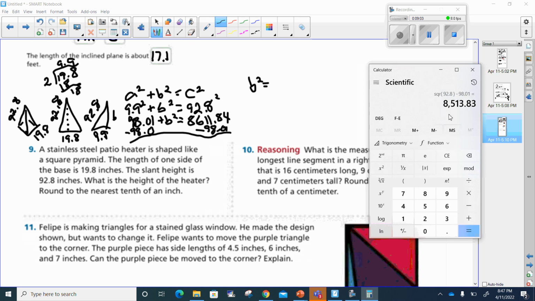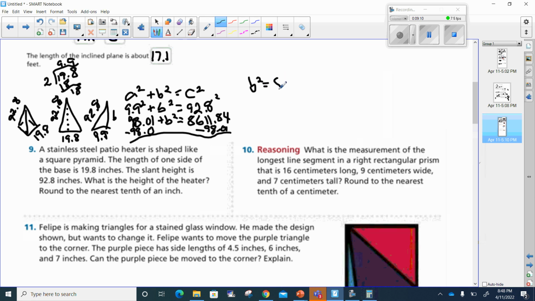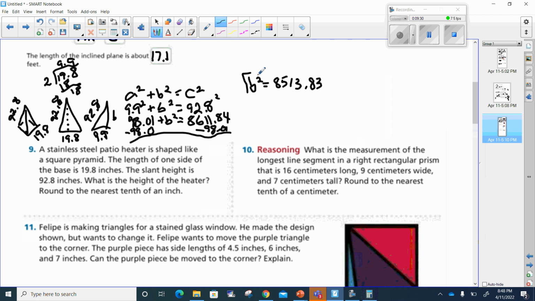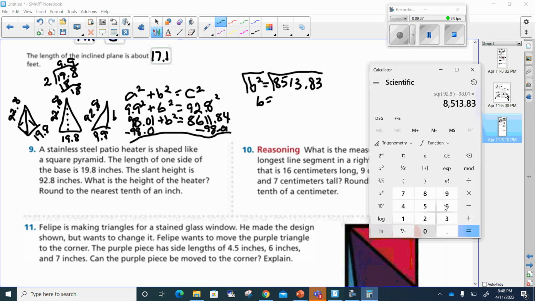That's going to give us 8513.83. Double check it. Okay, and now we've got to find the square root of that. That'll leave b by itself, and that's going to equal, let's find out.